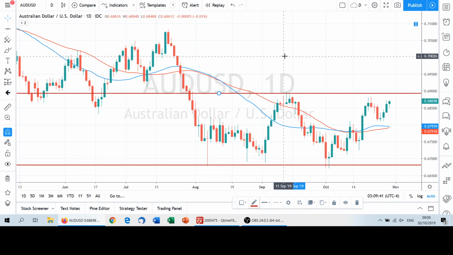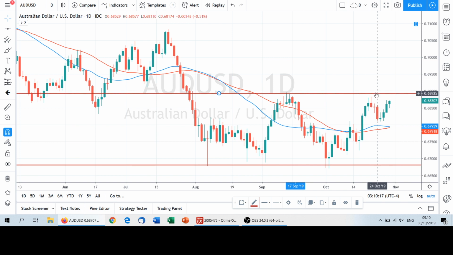The highest was 68.95, not 85, and 68.91. And these are the daily extremes that form what, in my own opinion, is the resistance for this pair. So we have an obvious resistance just below 69.